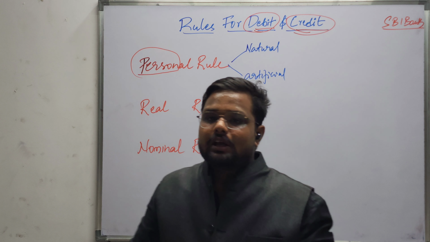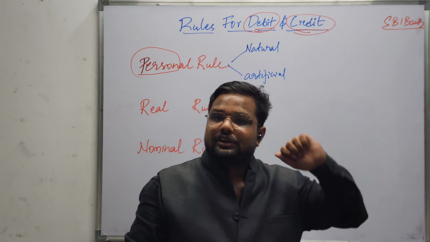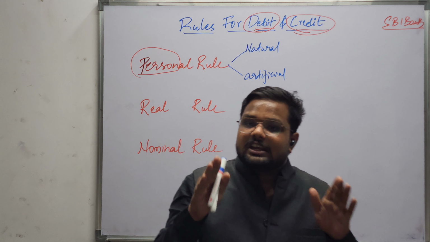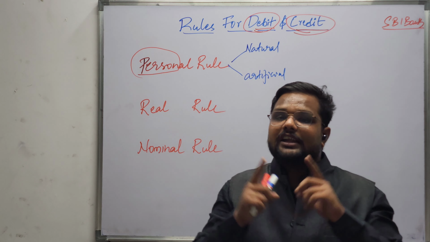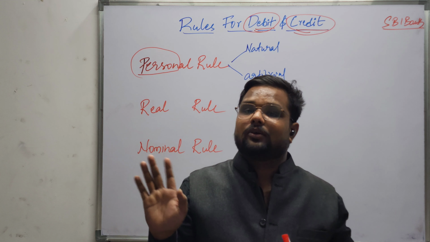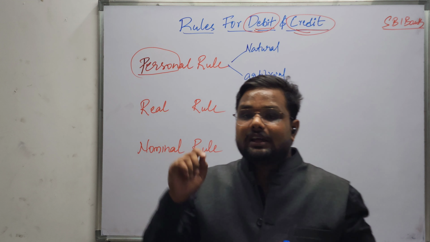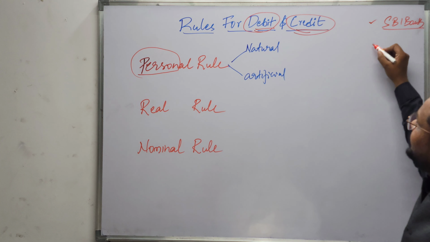Now you can say, sir, not like that. I have seen SBI Bank, I have seen the head office, you have seen the manager. They are not SBI. SBI exists only on paper of registration. So SBI Bank is an artificial person.